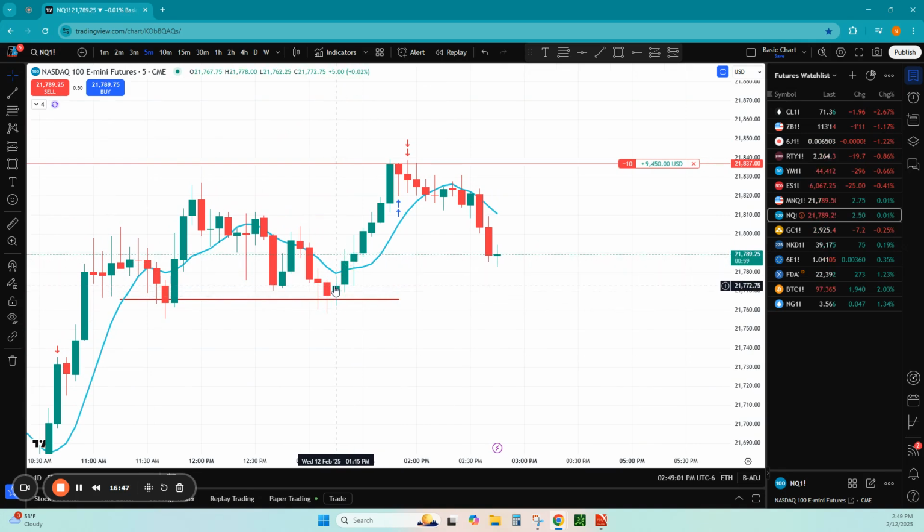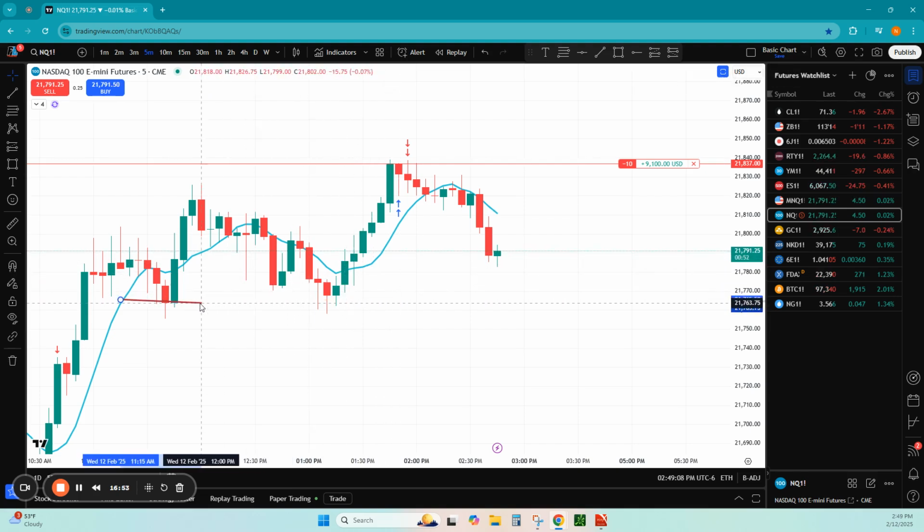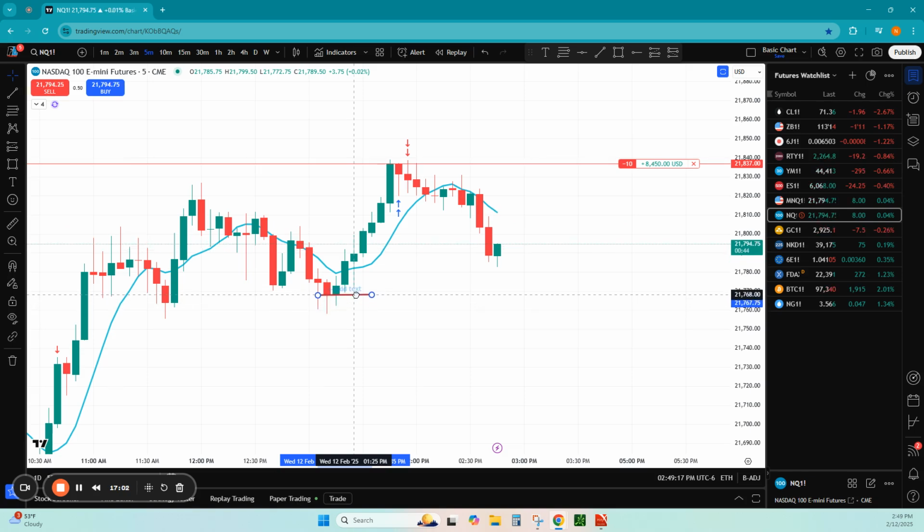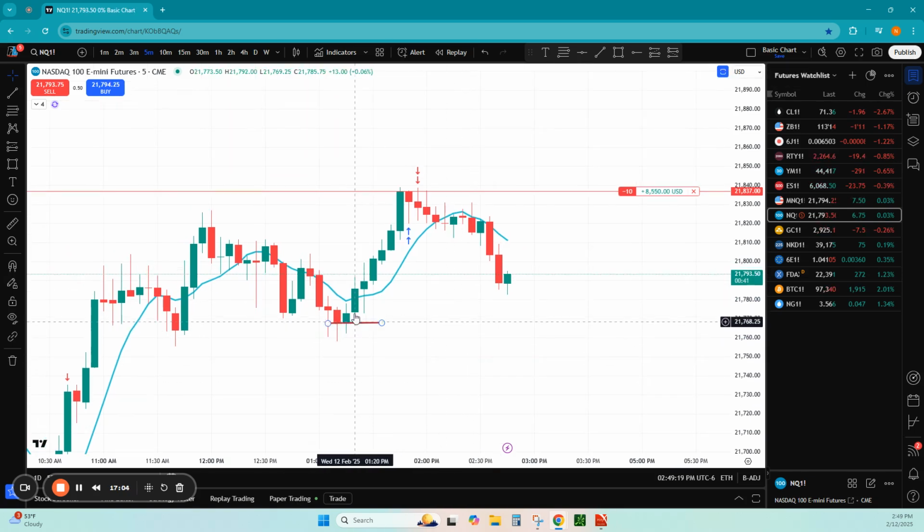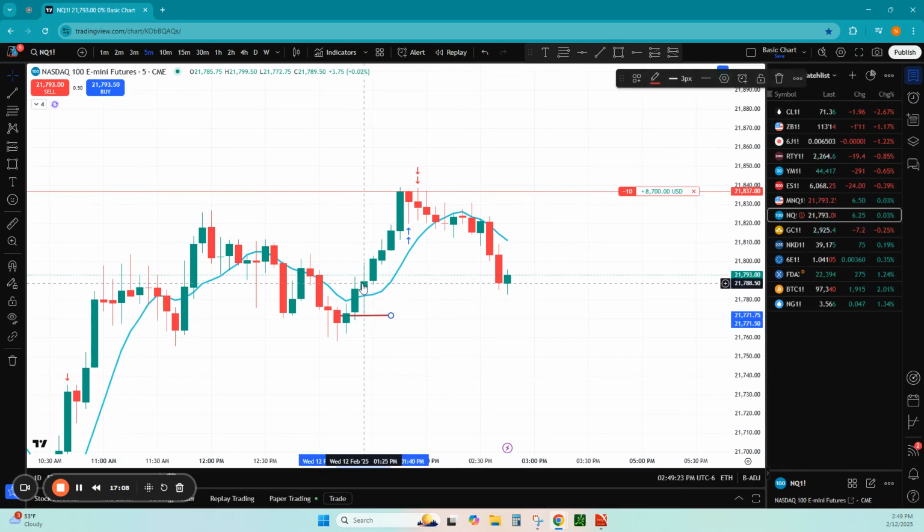So now, when price breaks above the 8-period moving average here and closes above the 8, we can take our stop. Put it here or put it here. Close it. Okay, doji, fine. We closed above the 8 still.